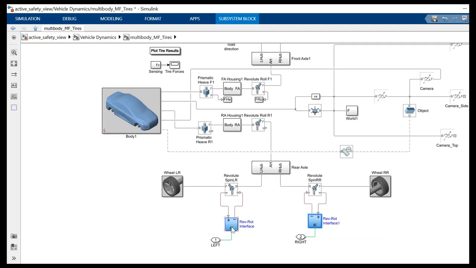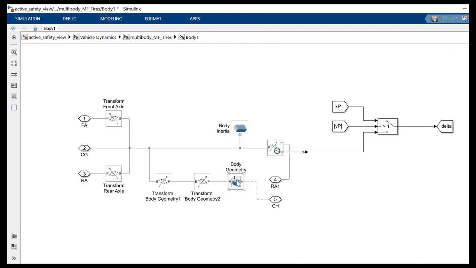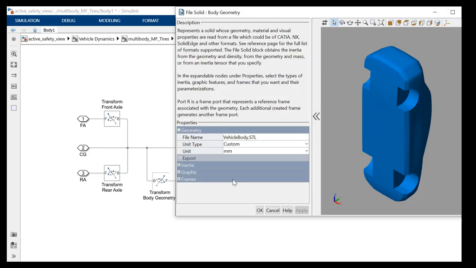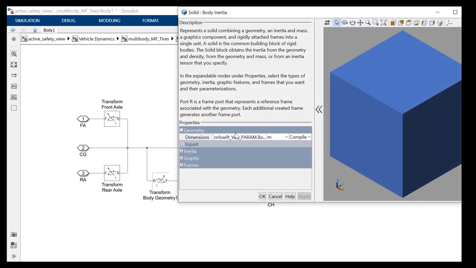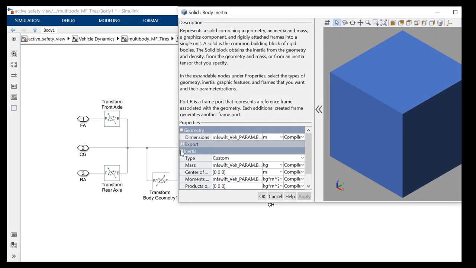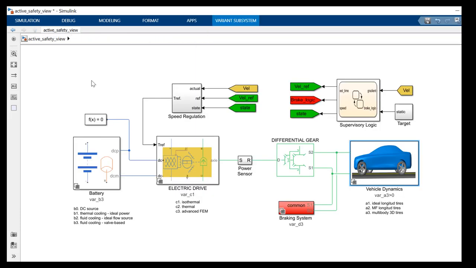So then the vehicle includes the 3D tire models and the ability to bring in traction torque. Additionally, we can reuse CAD designs and bring in all the kinematic information that we need for the simulation.